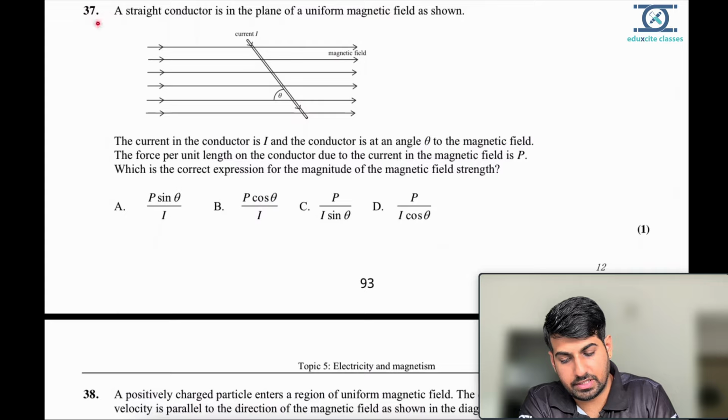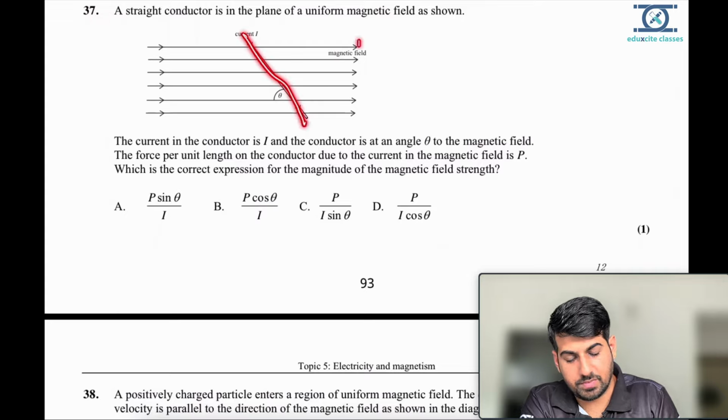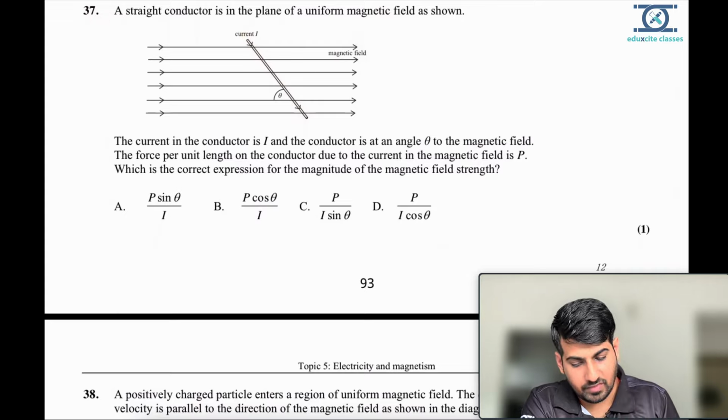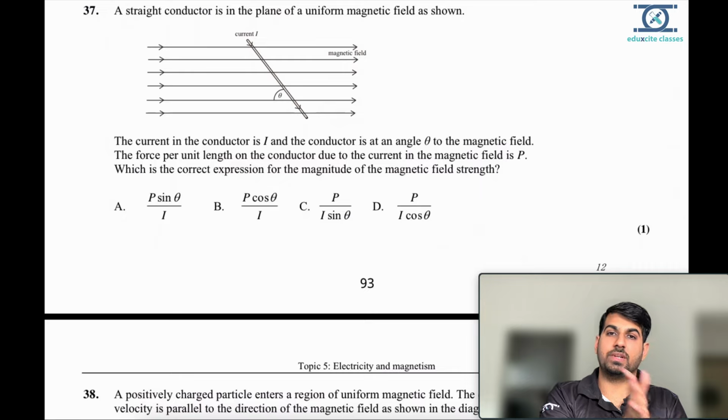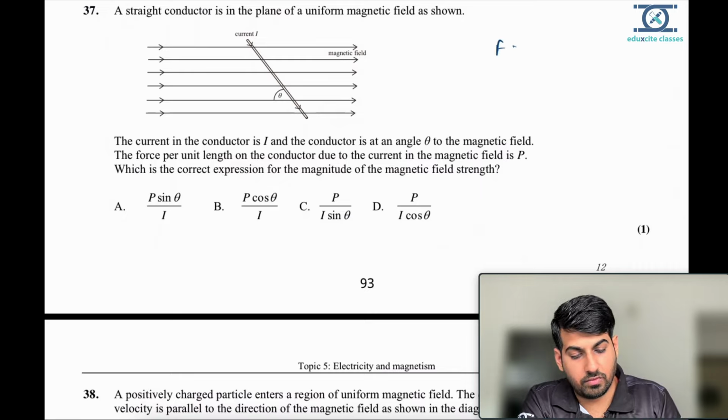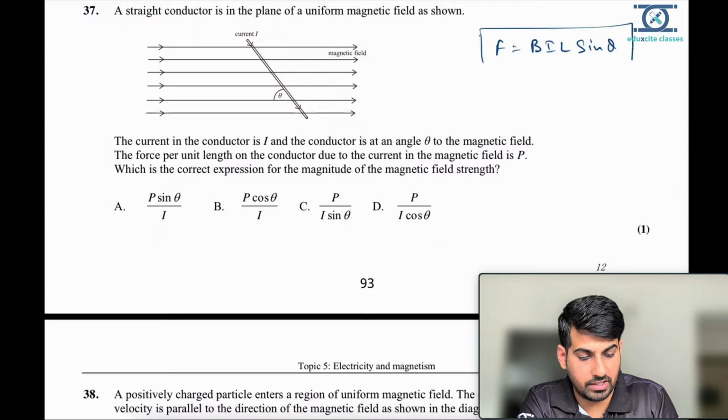Now question number 37. A straight conductor is placed in a magnetic field. Which is the correct expression for the magnitude of the magnetic field? We know the formula. If a current carrying wire is placed in a magnetic field, the force is F equals BIL sine theta. This is, I think, given in the data booklet as well.